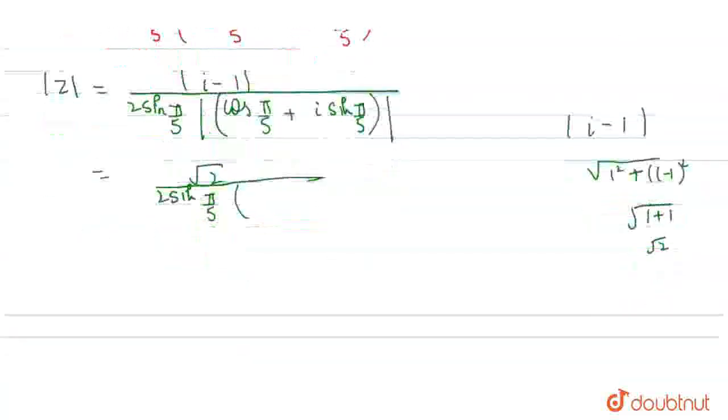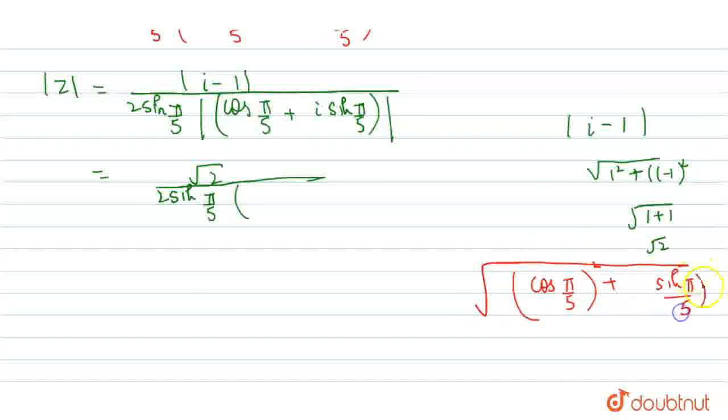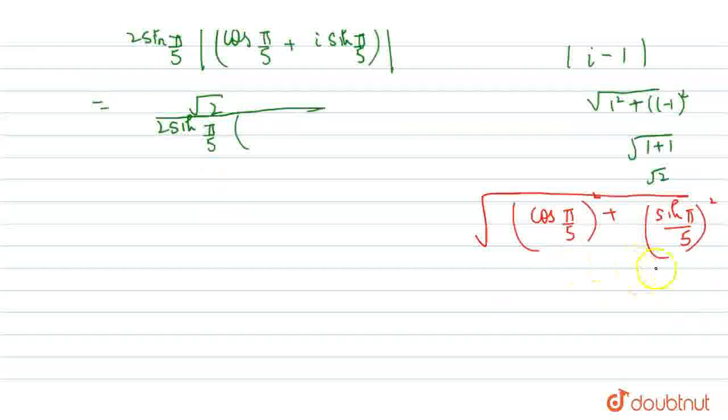Into the modulus of cos pi by 5 plus iota sin pi by 5, which is under root cos square pi by 5 plus sin square pi by 5. Since cos square plus sin square is equal to 1, we get under root 1, which is 1.